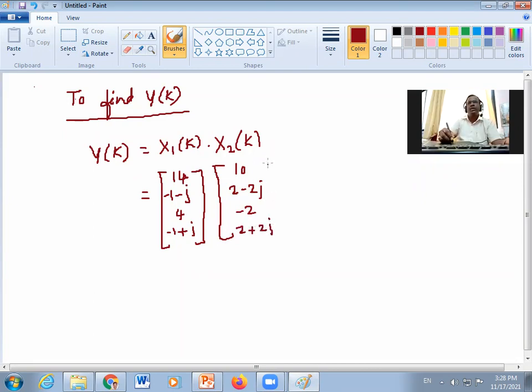Now just take a direct product here as it is 1 by 1 column. So we can write 14 into 10, 140. I will write it here itself: 14 into 10 will be 140.